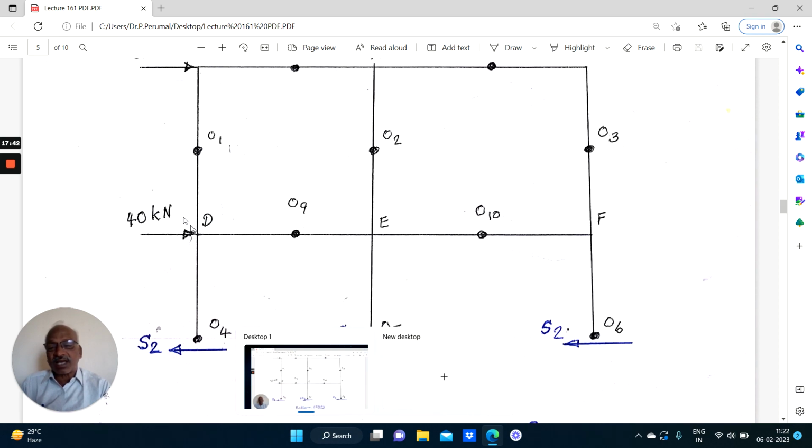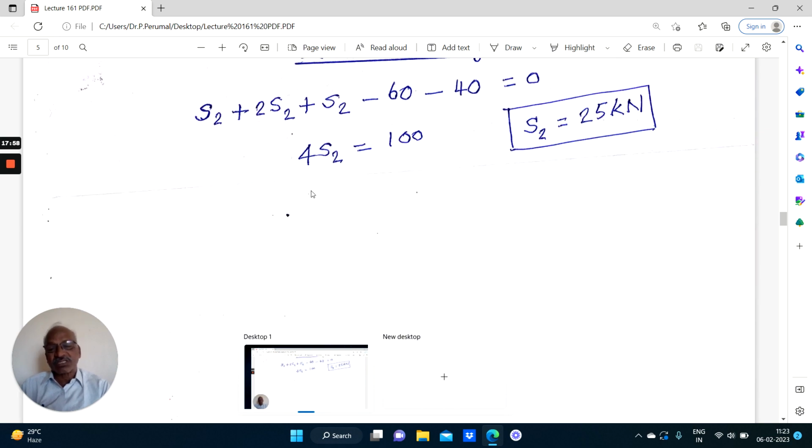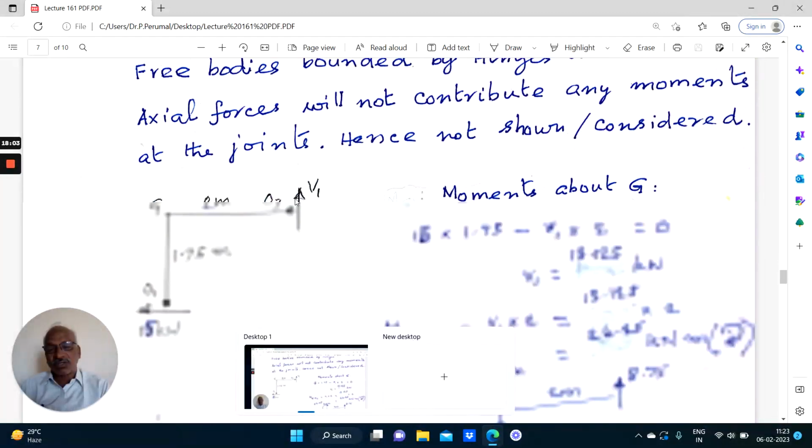Similarly, here O1, O4, O9. Then O9, O2, O10, and O5. This is one free body. Like this, you'll have to consider the structure as a number of free body diagrams. So that is what we are going to consider here.